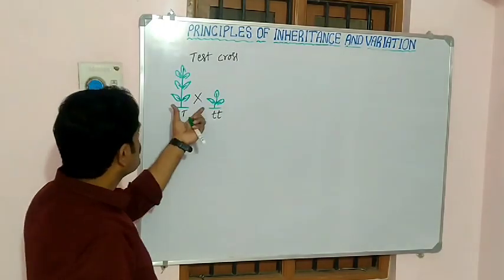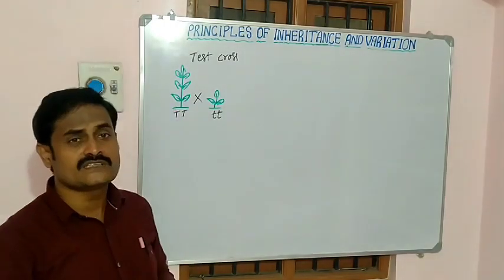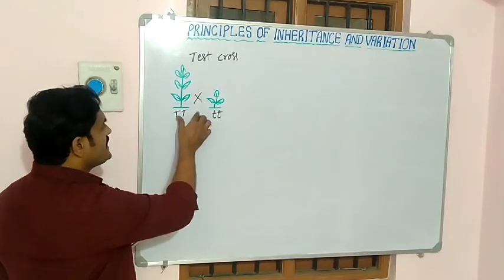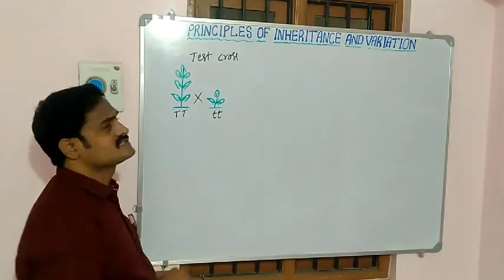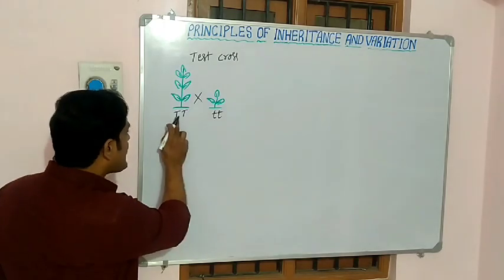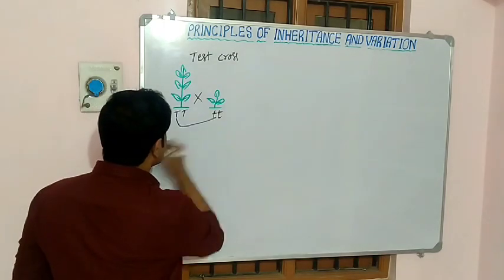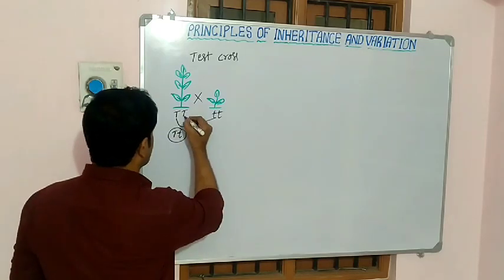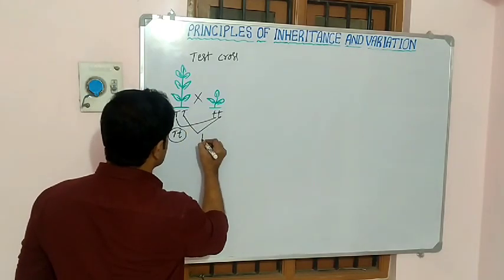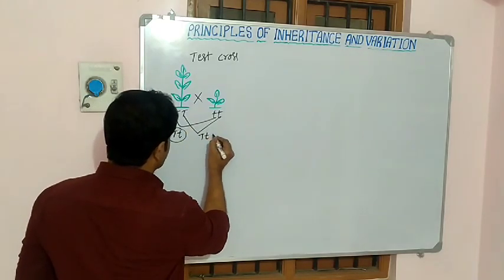So already we discussed during the monohybrid cross which type of plants arise in the F1 generation. Capital T is fused with capital T, small t. This is one type of plant. This is fused with this, and this is also another type of plant.